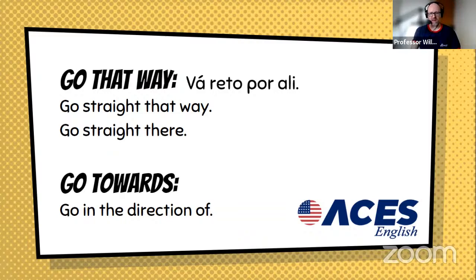Go in the direction of the lake. You can say go in the direction of Praça dos Girassóis, or go towards Praça dos Girassóis. Go towards the highway. Go towards the BR. So in the direction of, you can use with any of those. You can also say go that way towards, right? So you can use both of them together.